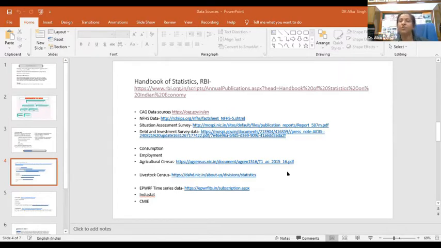Similarly, many of you are using indiastat.com, and this is again a compiling agency which compiles different kinds of data on one platform, and that is why it is easy. But this is not the original source of data. People are mistaken that indiastat.com is collecting the data. No, it is doing the compilation.